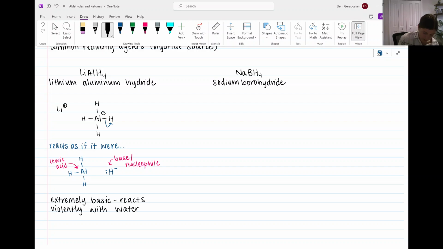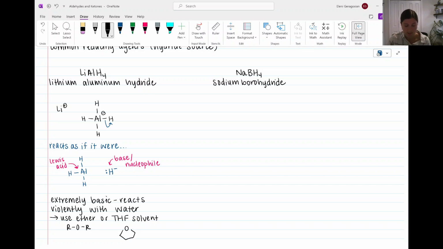So to perform this reaction, a polar aprotic solvent is needed. So we use ether or tetrahydrofuran. Remember, an ether is an R group, oxygen, R group. THF is a specific ether, a 5-membered ring where one of the members is an oxygen.